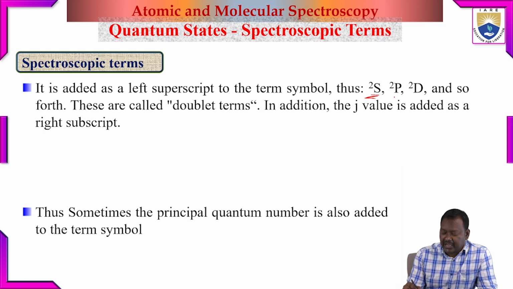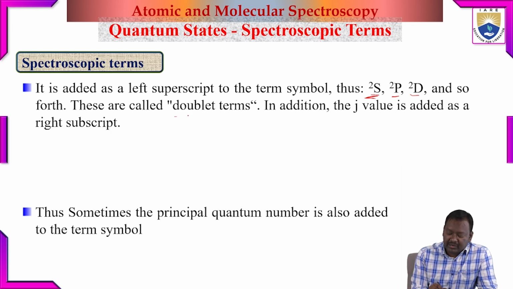If the term is P, the multiplicity for the single electron atom is 2, so we should write 2P. For the term D, we must write 2D. In this way, we should indicate the multiplicity at the top left corner, as a superscript to the term.